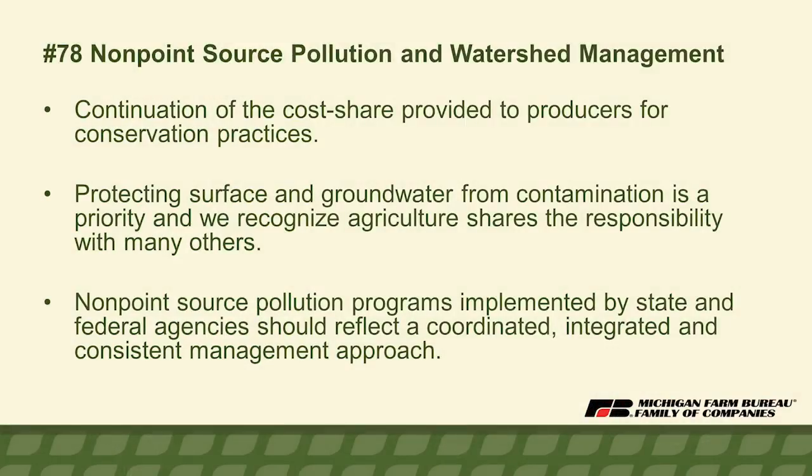Advancing to policy 78, non-point source pollution and watershed management, our members would like to see the continuation of cost share provided to producers for conservation practices. And furthermore, that protecting surface and groundwater is a priority, and the Ag does share the responsibility with many others. That non-point source pollution programs implemented by different agencies should reflect a coordinated, integrated, and consistent management approach.